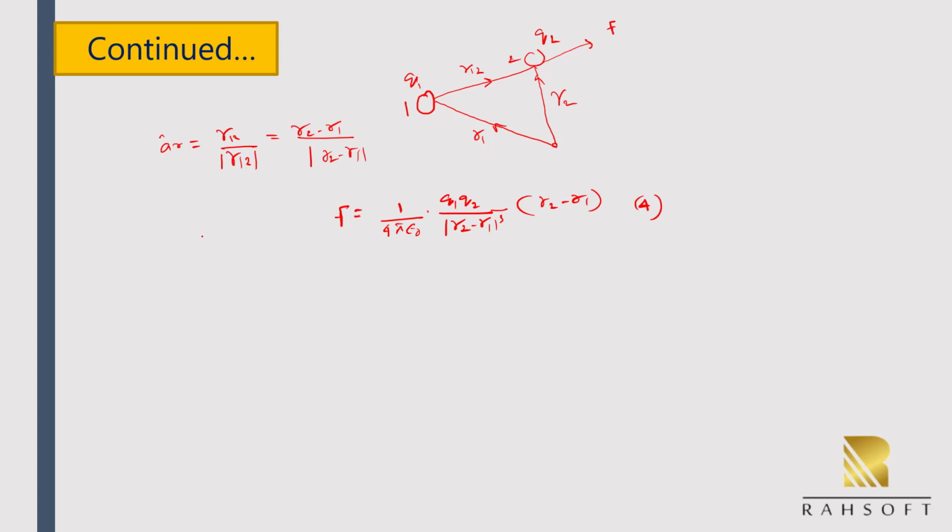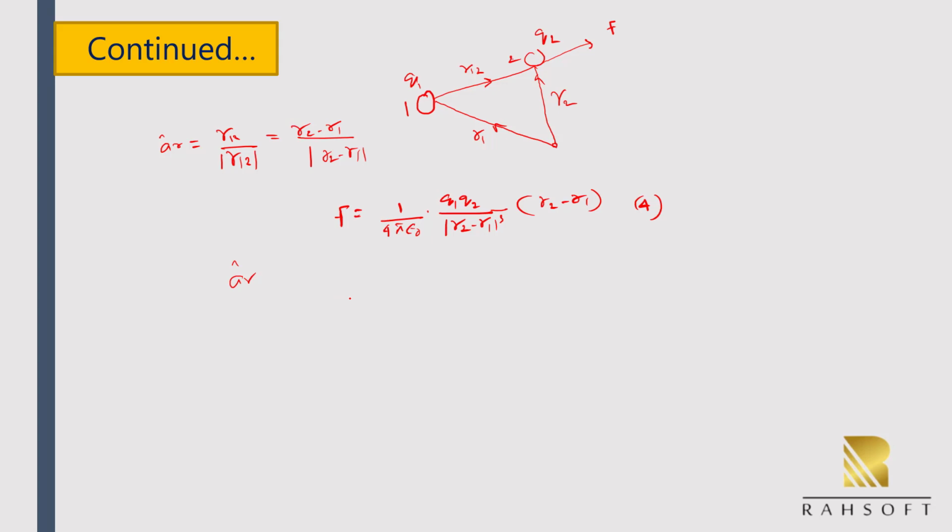The unit vector AR is in the direction of the line joining these two charges. In the case of like charges, the unit vector AR and the force F are in the same direction, and you can see here. In the case of unlike charges, they are in opposite directions.